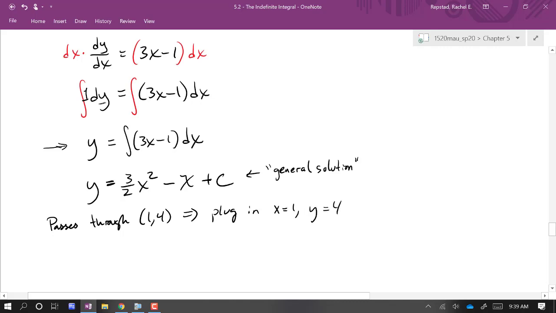And this is why it's so critical that we add a constant. If we did not add the constant, we'd have a hard time reconciling the information they gave us about the point that it passes through if we didn't have that plus c at the end.